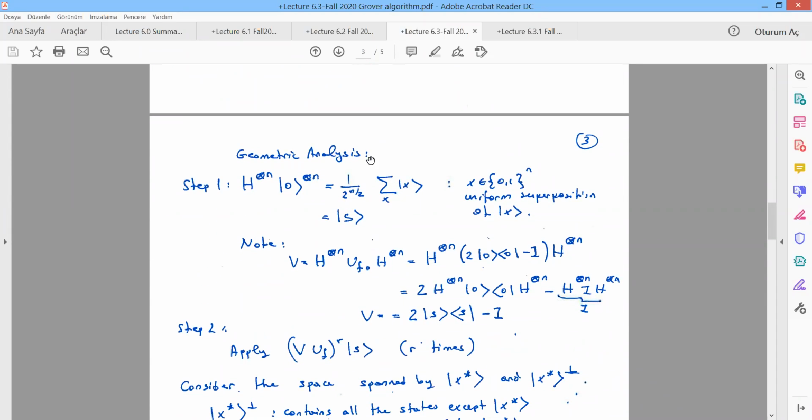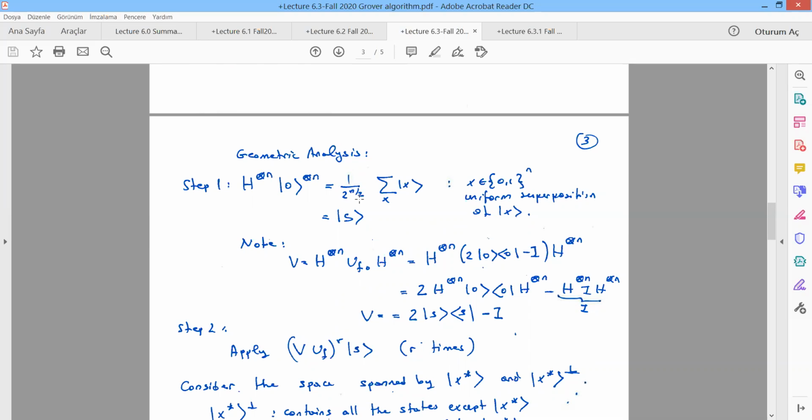And through our discussions of the Fourier sampling primitive, we know that this equals 1 over 2 to the n over 2. This is just a normalization constant, because we have 2 to the n of these ket x states, and each one of them has a coefficient of 1 over 2 to the n over 2. If you square and add up all the coefficients, it should add up to 1.